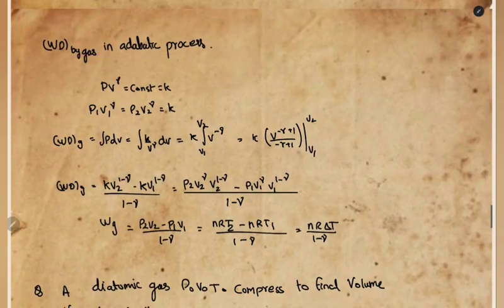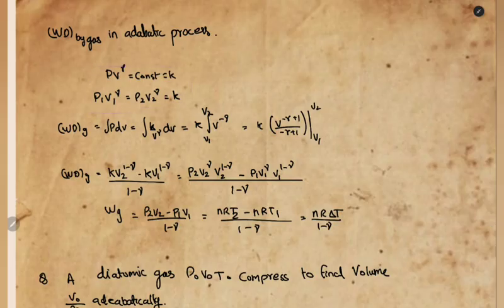Okay, work done in an adiabatic process. So PV to the power gamma is equal to constant, K. When this relation comes, you can take P in terms of K and V, and apply it in the formula, integral of P dV.